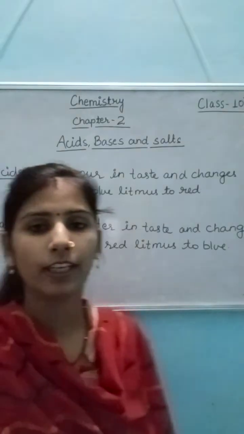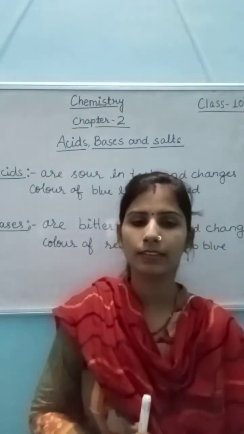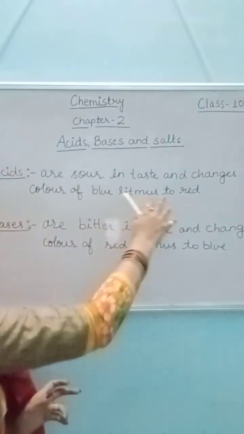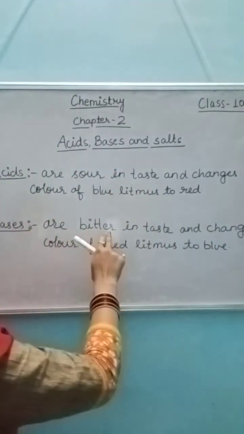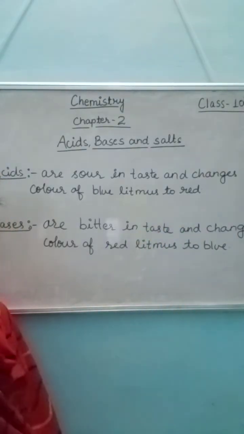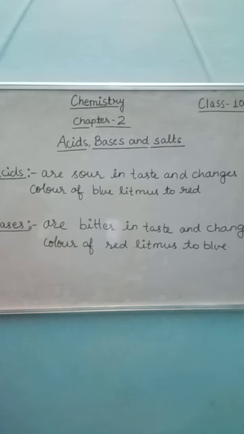Okay students, what are acids and what are bases? Acids are sour in taste and change the color of blue litmus to red, and bases are bitter in taste and change the color of red litmus to blue. These are acids and bases.